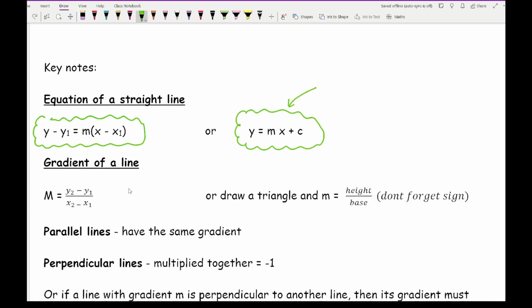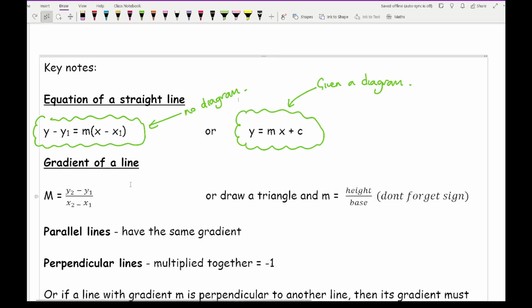This tends to come into play when you've been given a diagram or a sketch of the line, and this is what you use when you've got no diagram. But again, you can use either for when you have got a diagram. It's all up to personal preference.